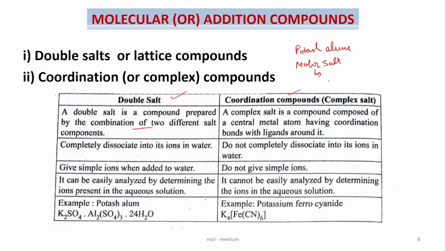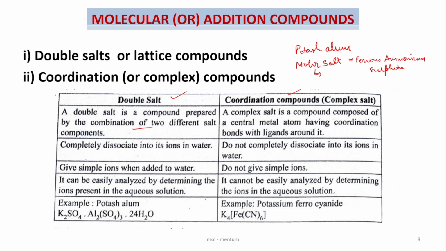Like in the case of Mohr salt, that is the common name, and the chemical name is ferrous ammonium sulfate. The formula becomes ferrous sulfate dot ammonium sulfate dot 6H2O.